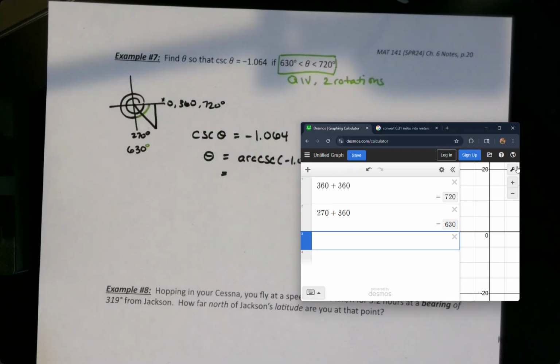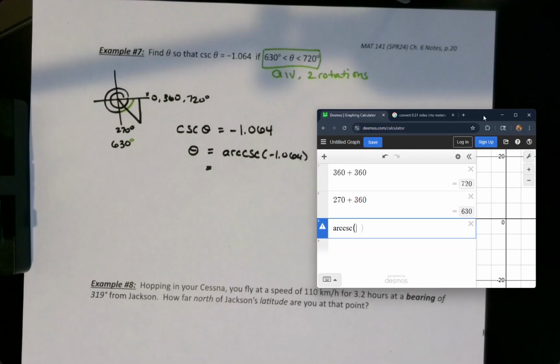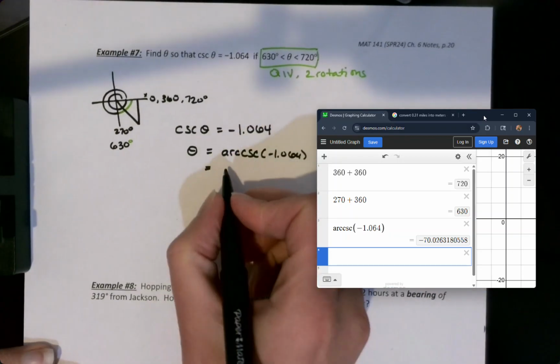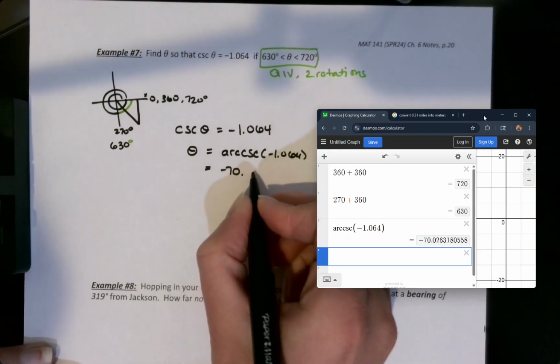I've got to make sure I'm in degrees again. Yes, I am. Arc cosecant of negative 1.064 gives me an angle of about negative 70.03.